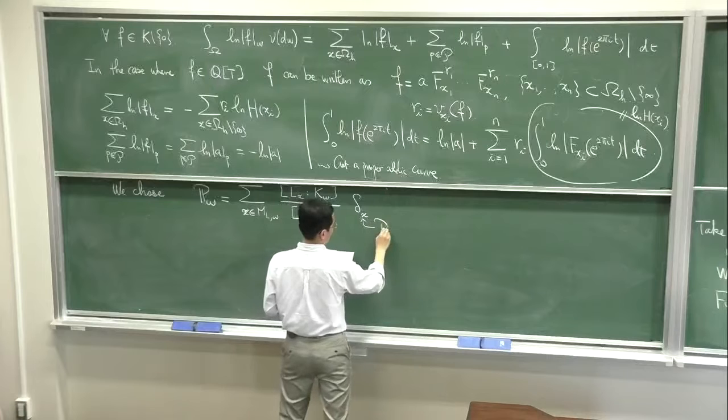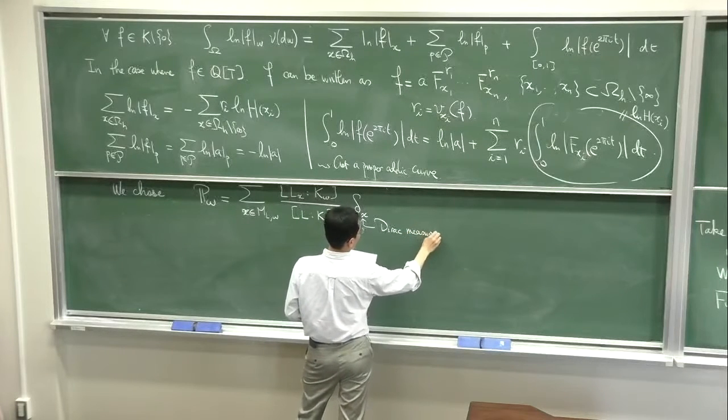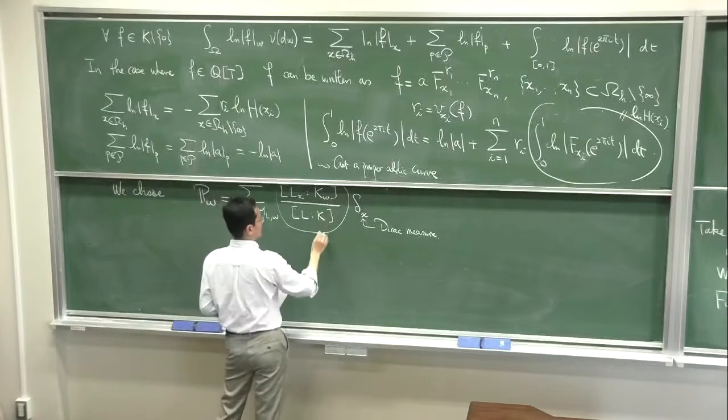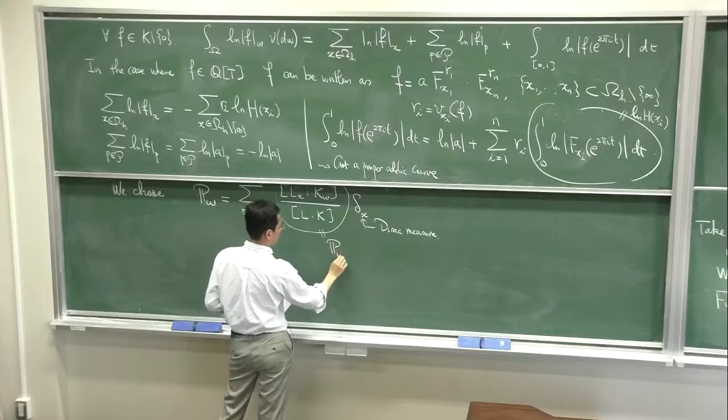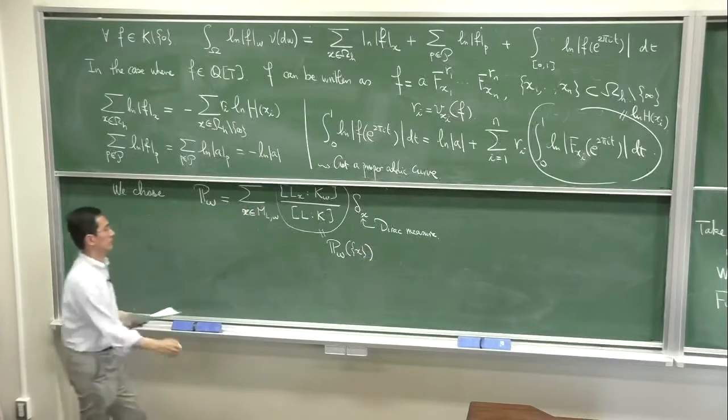So this is a Dirac measure, namely this is just the measure of the one-point set x.